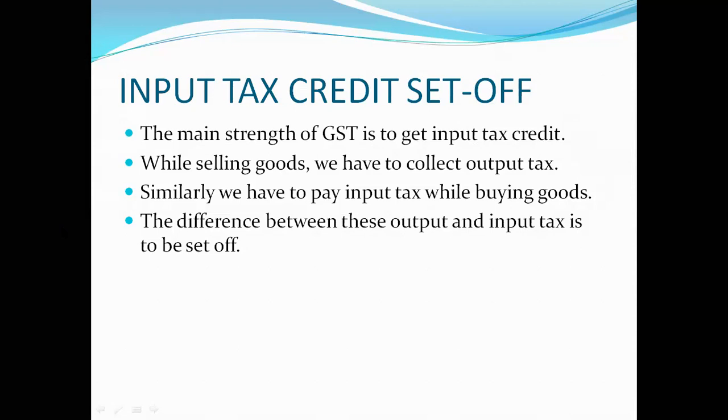But when you're buying goods from suppliers or sellers, in that case, we have to pay input tax, when we are buying for our business purpose, not for personal use.